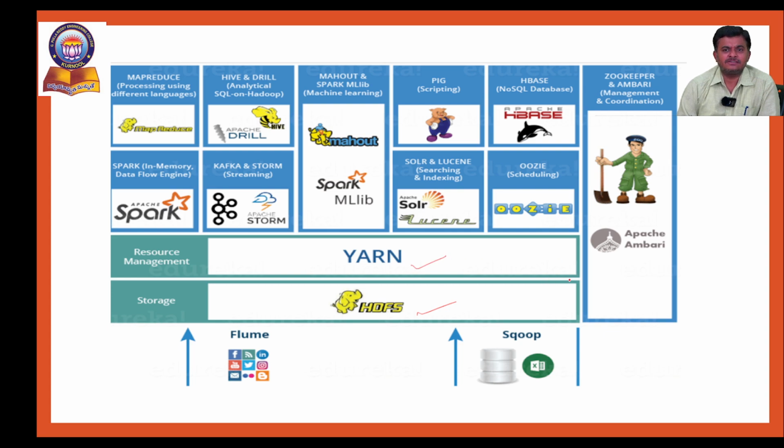HDFS, YARN, Apache Ambari, ZooKeeper, HBase, Oozie for scheduling, Solr and Lucene for searching and indexing, Pig for scripting, Mahout and Spark MLlib for machine learning operations, Hive and Drill for analytical SQL on Hadoop, MapReduce for processing using different languages, Spark as an in-memory data flow engine, Kafka and Storm for streaming, and Flume and Sqoop. So these are the parts of the Hadoop ecosystem.